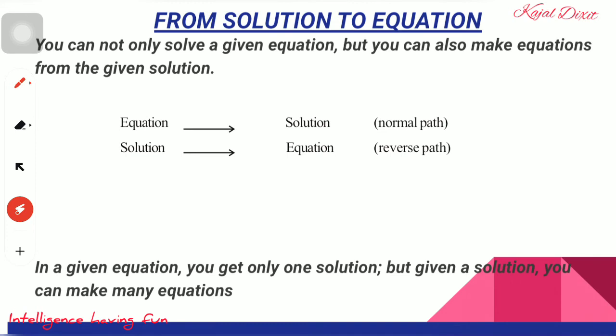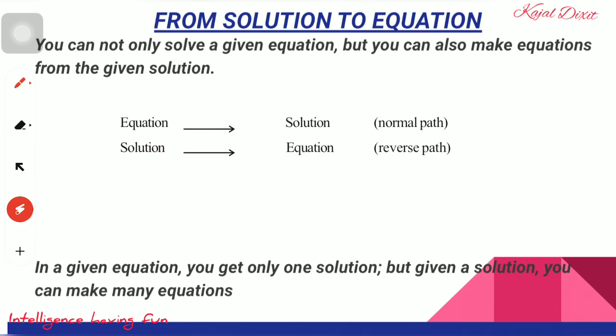It means that, as you have just seen, we solved various equations, and each time whatever value came for the variable in the end was unique. We will not have any value other than the one that came after solving the equation. But if we wish to formulate an equation from a given solution, then we can make many equations.